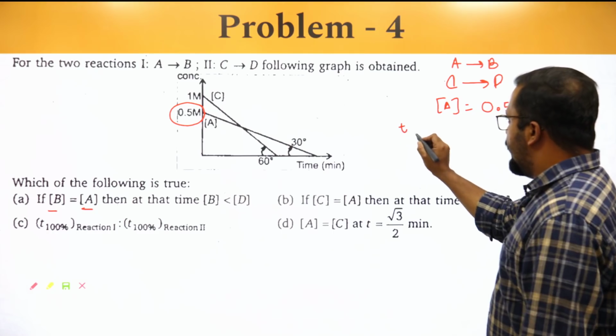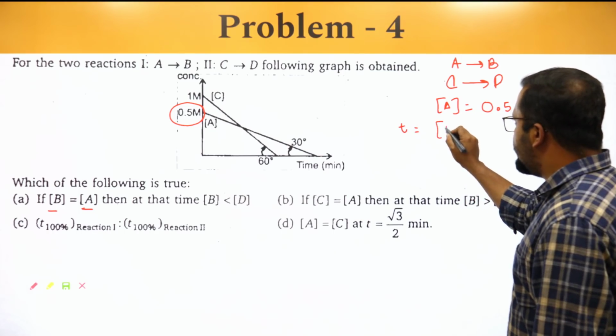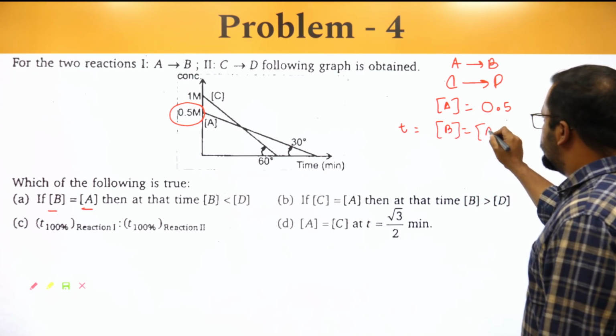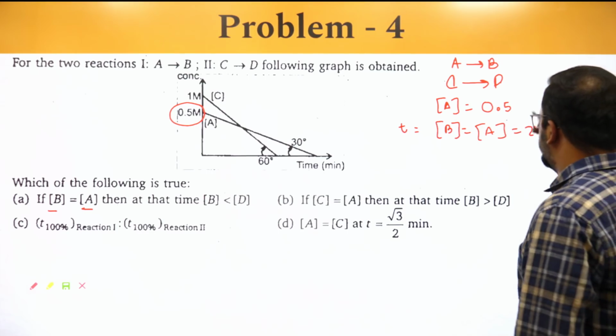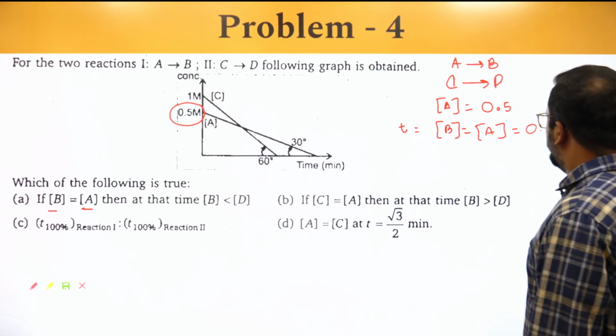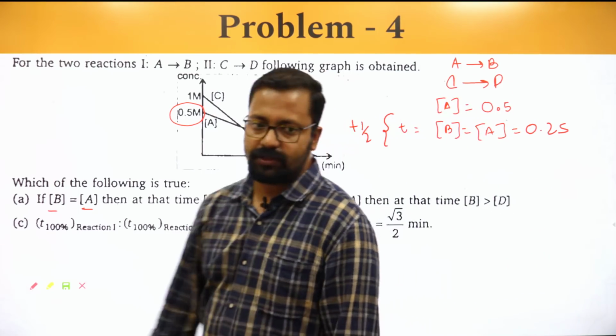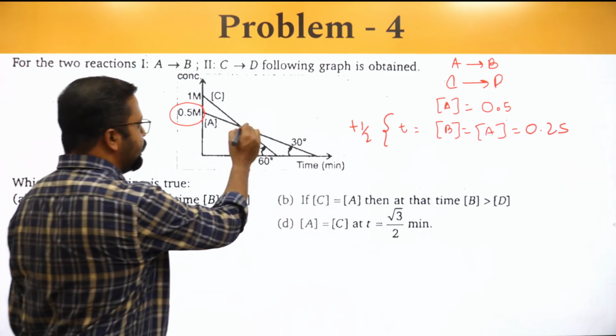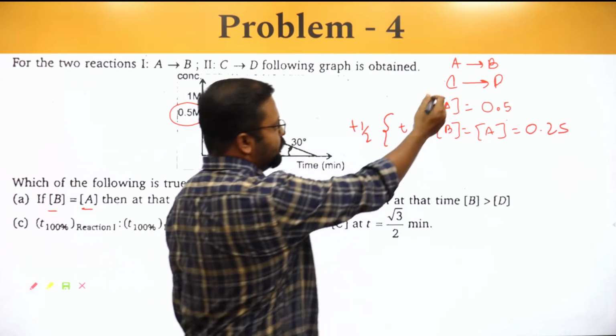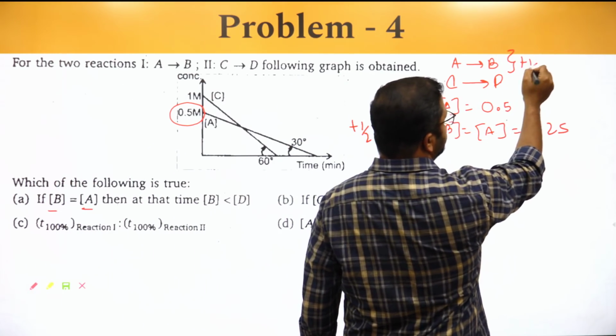So the time at which B will be equal to A, that is 0.25, will be equal to T half of the first reaction.